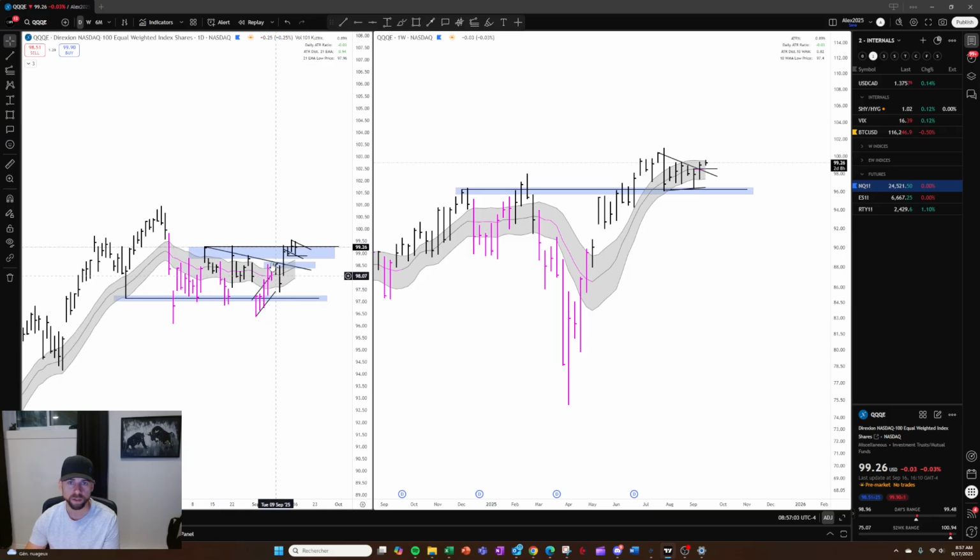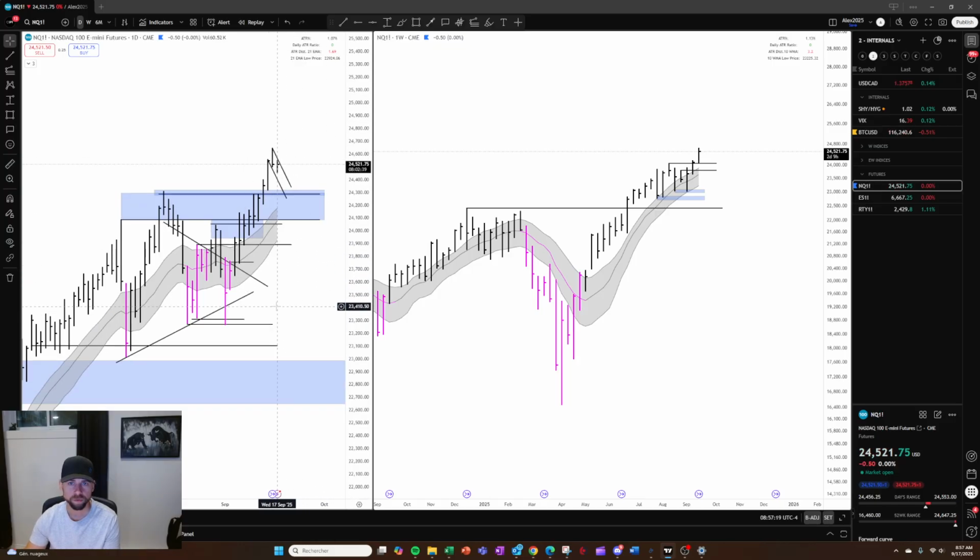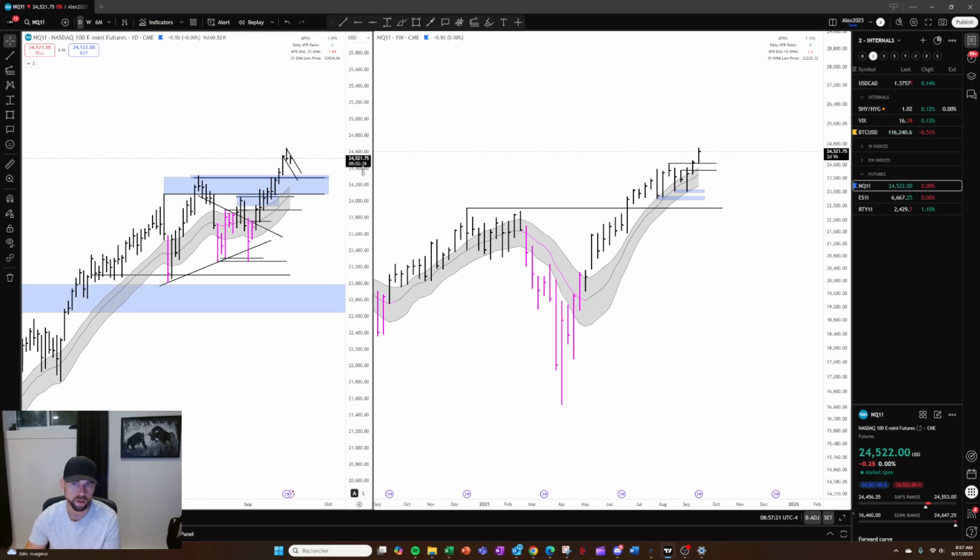And yeah, the broader market, NASDAQ 100 was weaker than NASDAQ 100 itself. So QQQE versus QQQ.